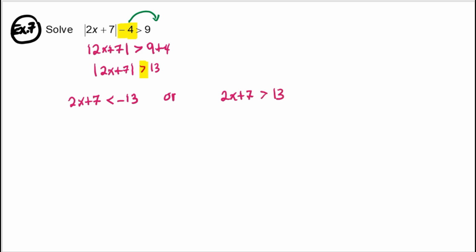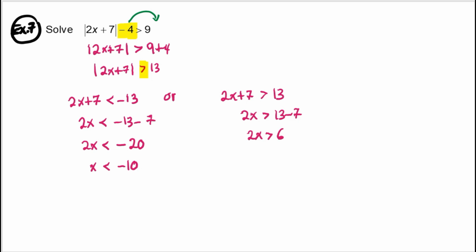Okay, now we need to solve this one by one. So for this one, negative 13 minus 7, I have 2x which is less than negative 20, therefore I have x which is less than negative 10. But for this one we'll have 13 minus 7, so 2x is greater than 6, therefore I have x which is greater than 3.